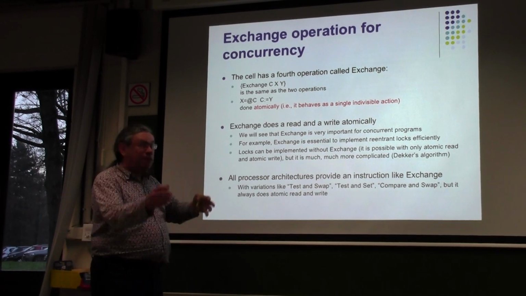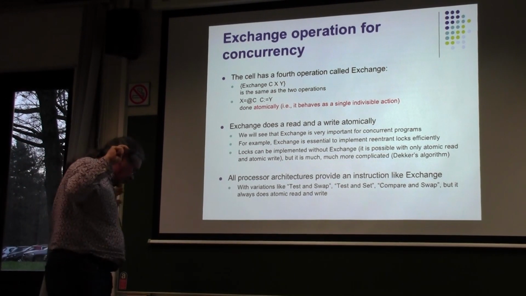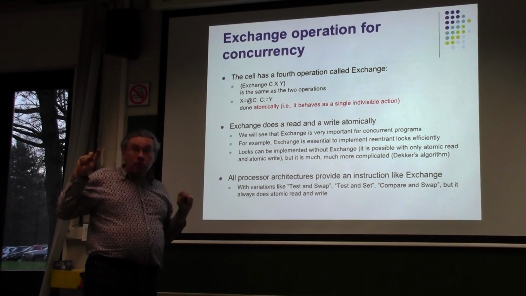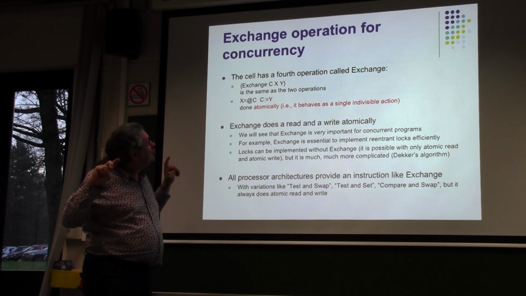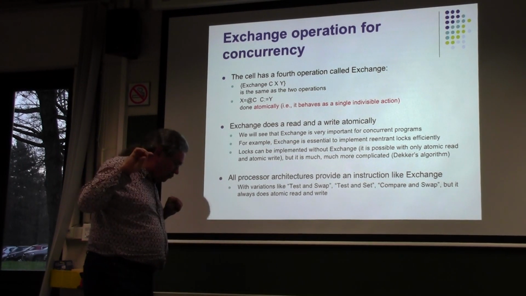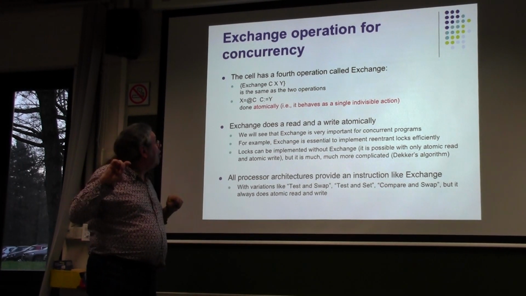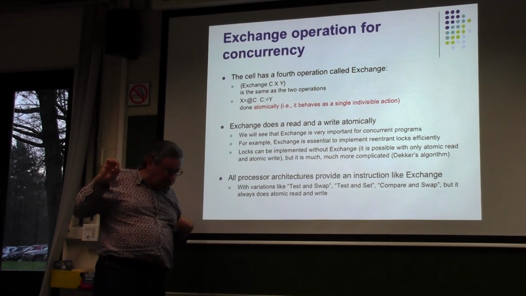In fact, in very old books, if you get a computer science book from like the 1970s, you can do all what I'm showing today without exchange. Theoretically, you don't need exchange. You can build locks with only atomic read and write. But it's much more complicated.